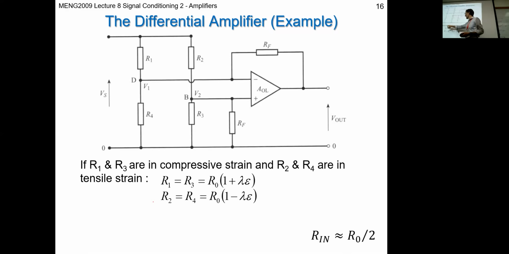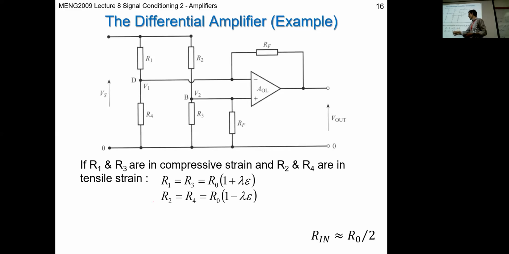If R1 and R3 are in compressive strain, then we'd expect the resistance to go down. So R1 and R3 should be our base resistance times 1 minus lambda epsilon, I believe, because their resistance reduces as strain is exerted on this load cell.